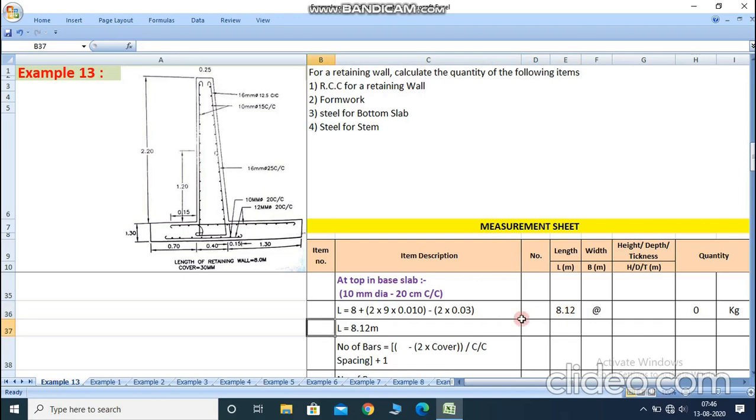Then we calculate the number of bars. The number of bars required is the summation of 1.30, then 0.4 plus 0.15. So write here 1.3 plus 0.4 plus 0.15, minus.